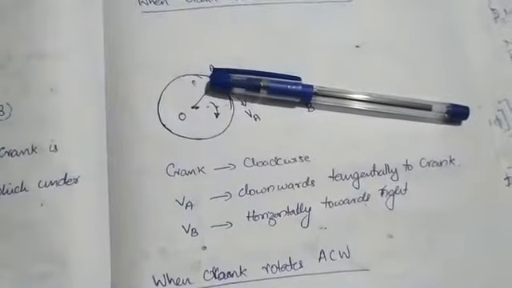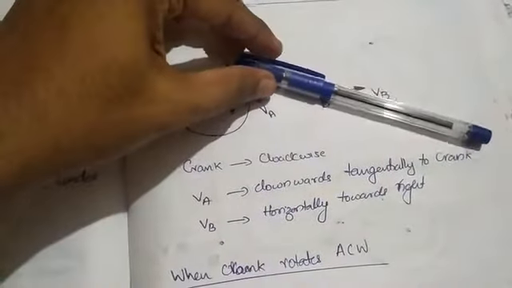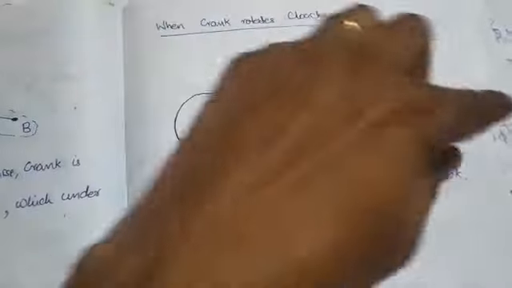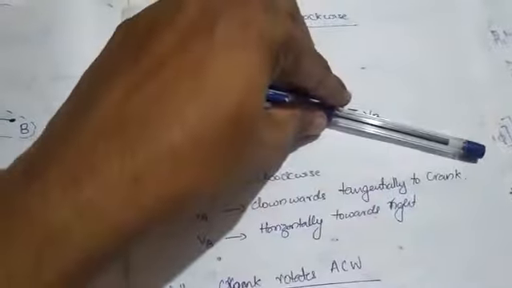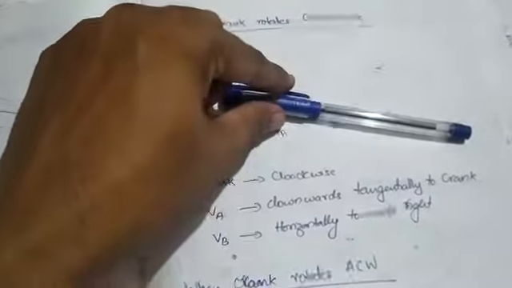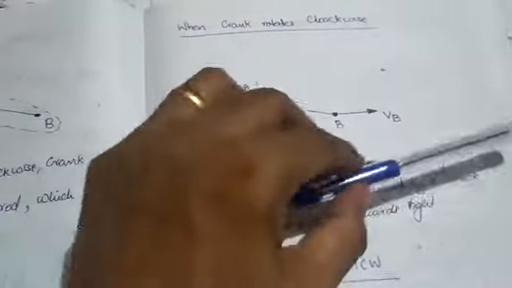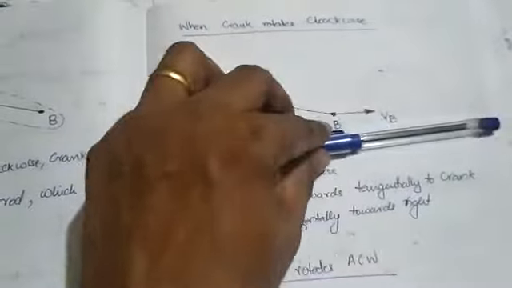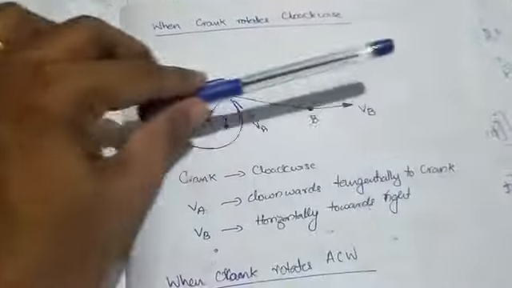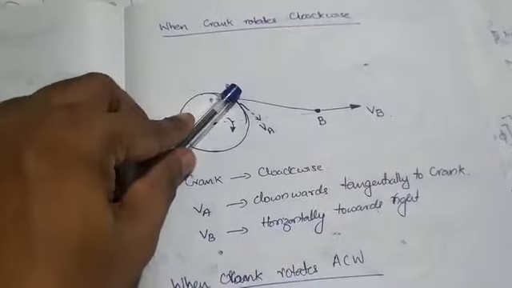So the other end moves from this position to this position, and the piston will have a movement towards its right direction when the crank is at this position.